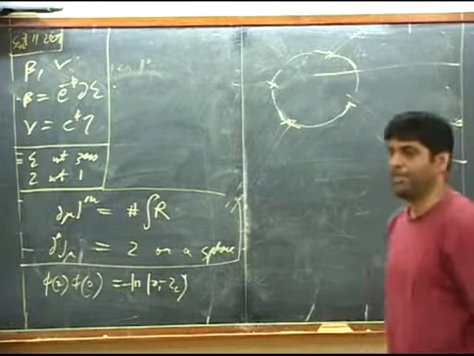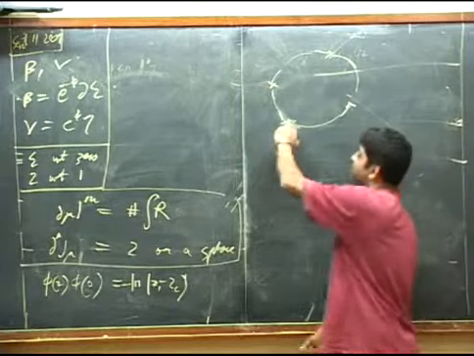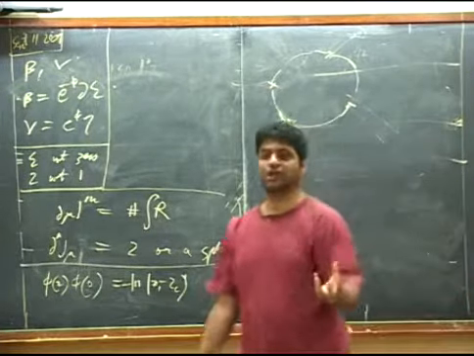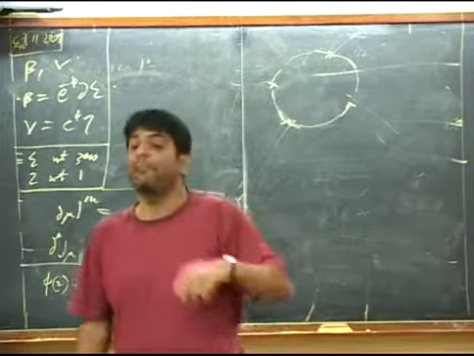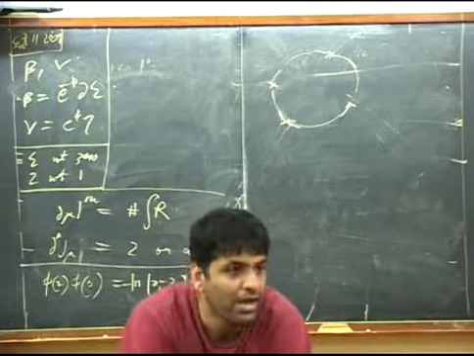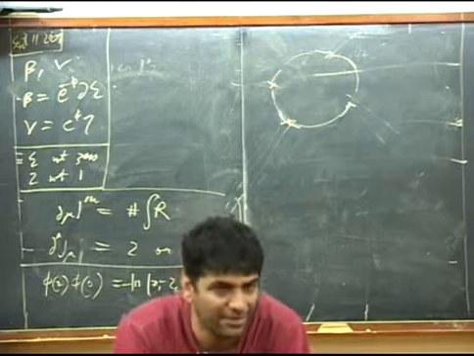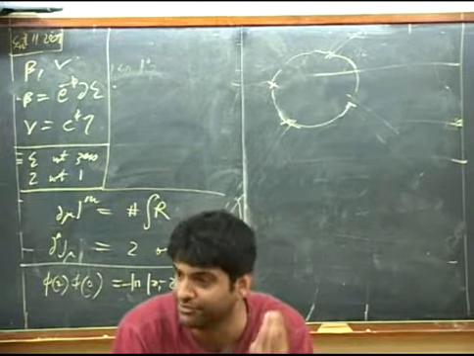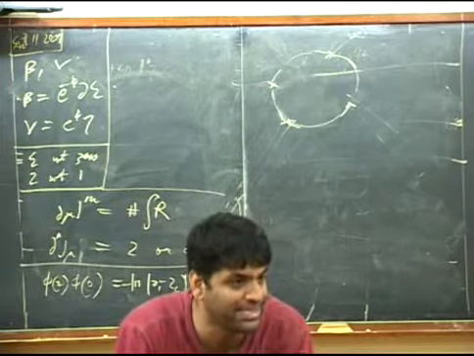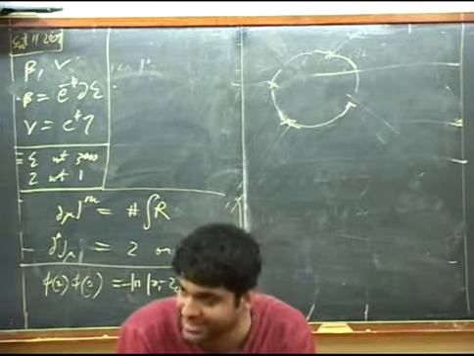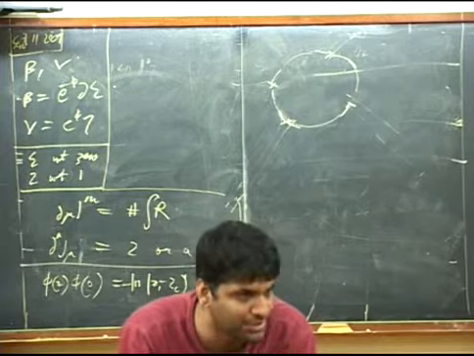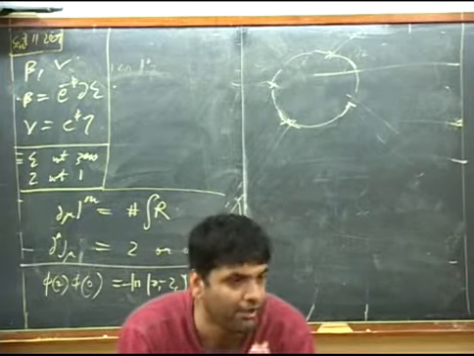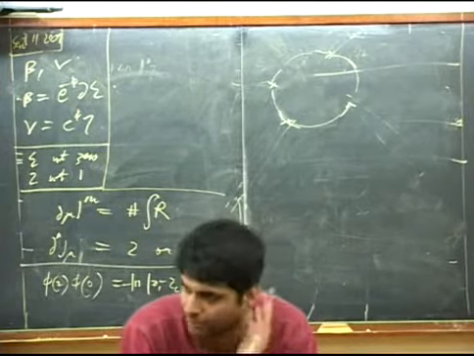And the vertex operators that correspond to states are appropriate superconformal primaries. That e to the power minus phi in the NS sector, or e to the power minus phi by 2 in the Ramond sector. Because e to the power minus phi was the vertex operator corresponding to the vacuum of the beta gamma CFT in the NS sector, and e to the power minus phi by 2 was the vertex operator corresponding to the vacuum of the beta gamma CFT in the Ramond sector, as we worked out in detail.